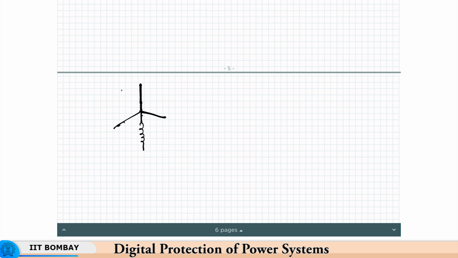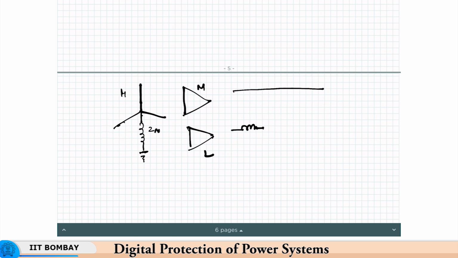So, consider the high voltage winding H as a star grounded through a grounding impedance Zn, and consider that the other two windings, the medium voltage winding and the low voltage winding, are deltas. As we said, the positive and negative sequence impedance connections will be the same: ZH, ZL, ZM.